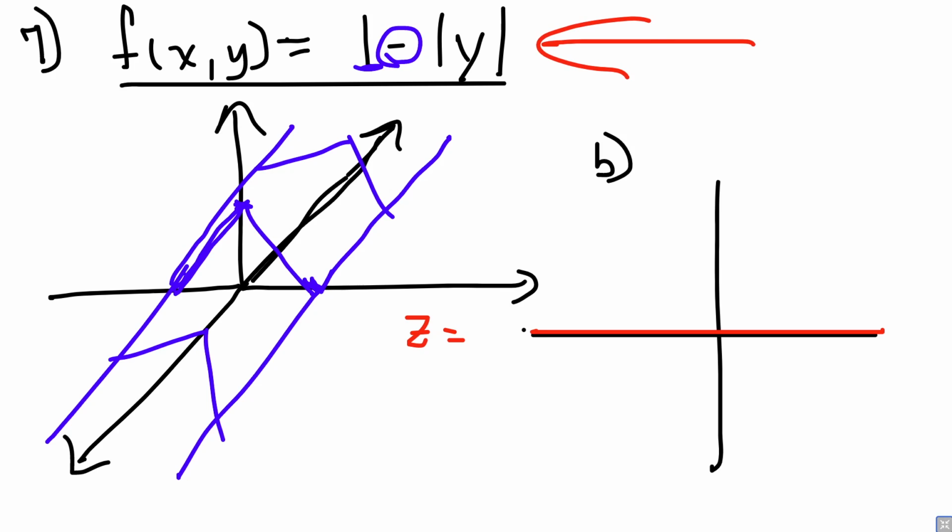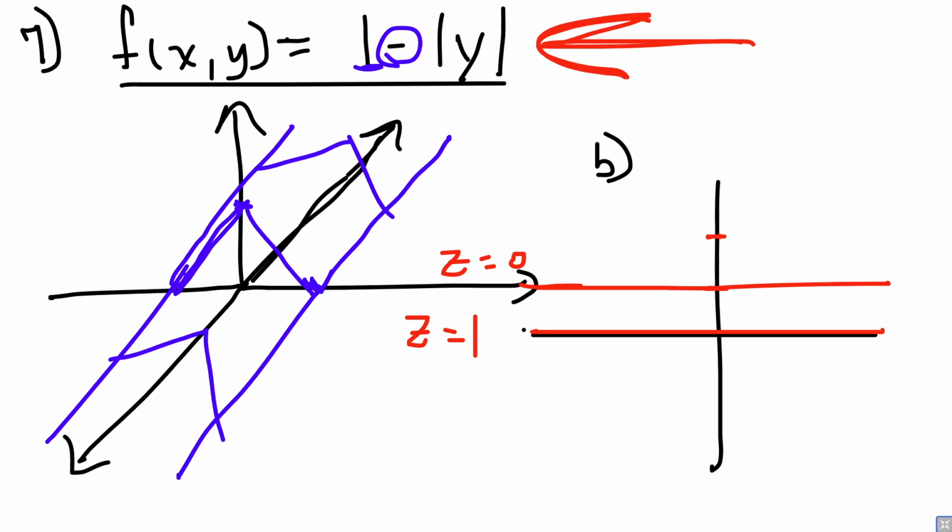If I plug 0 into this, what will I get? Get 1. So next, if y is 1, so if I plug 1 into this function, what's the value of z that I'm going to get? 0. I'm going to get z is equal to 0.